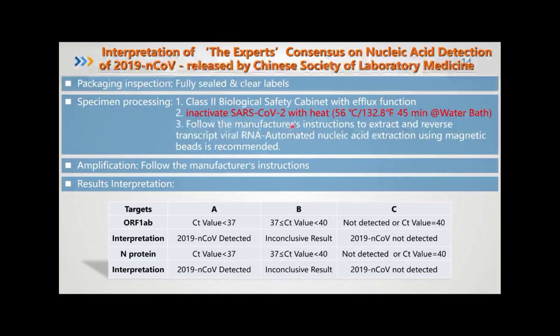Also, it is recommended to apply automatic nucleic acid extraction equipment using magnetic beads to get the maximum nucleic acid recovery rate. To interpret the fluorescent PCR data, we need to refer to the manufacturer's instructions. Here's just one example for the 2019 novel coronavirus detection kits.